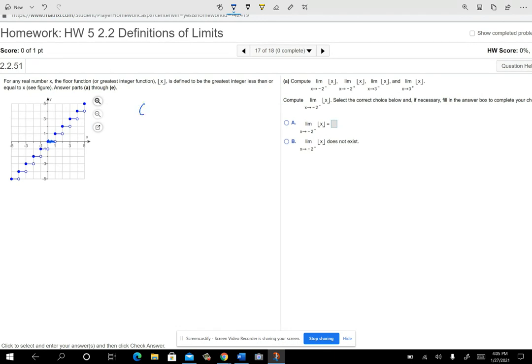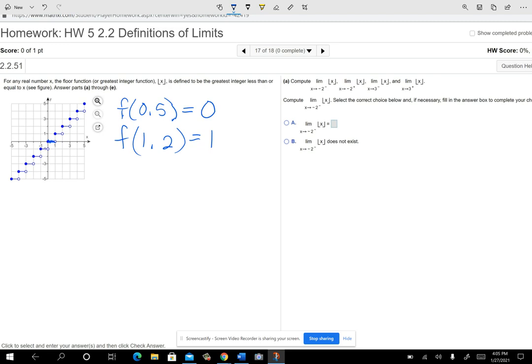And then if you were at like 0.5 and you wanted to know what the value of the function was there, this function, I'm going to call it f, would give you the integer less than or equal to that. So if you're at 1.2, then you would drop down and give the greatest integer that's less than 1.2.